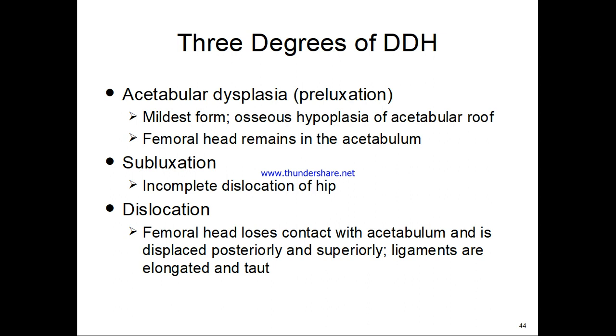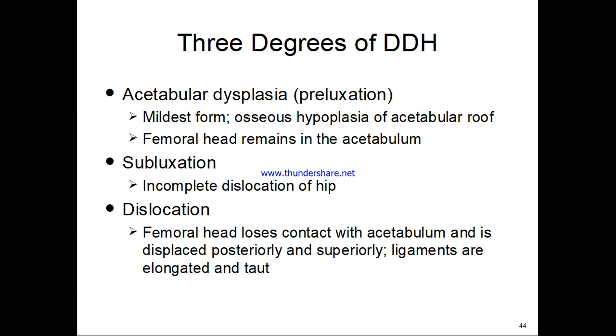So as far as the different degrees, breaking it down here, the subluxation was the incomplete dislocation, that early pulling away. There's a degree even before that called preluxation or acetabular dysplasia. This is the mildest form with a softness or a thinness of the acetabular roof, so that socket there.